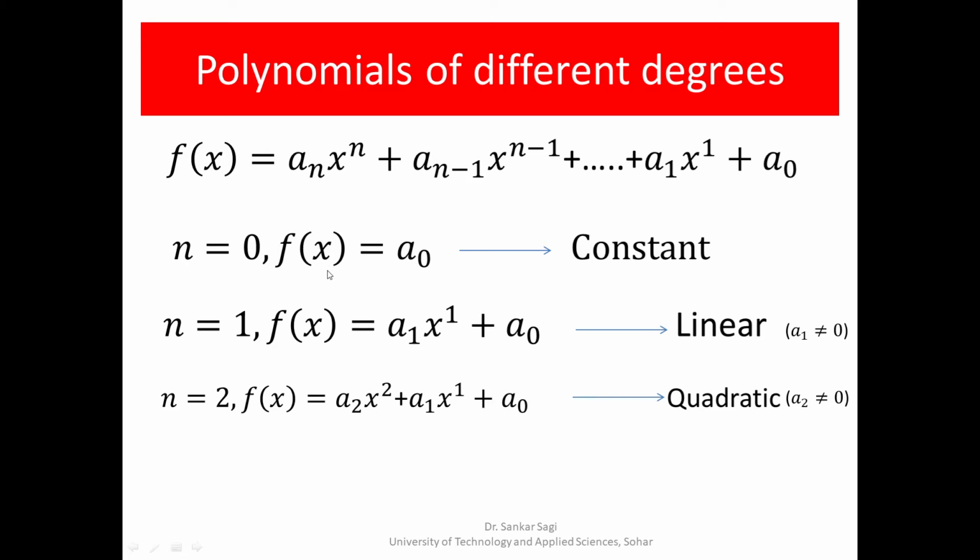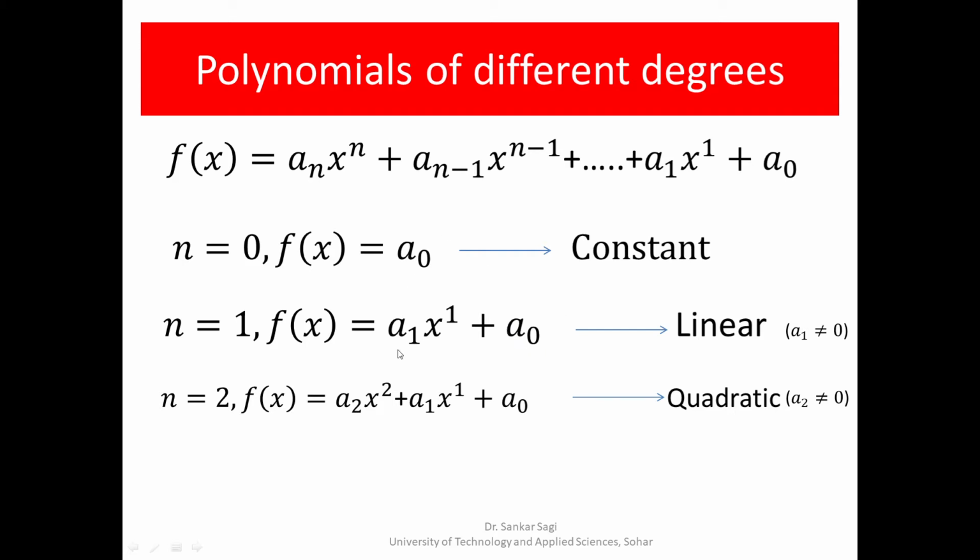So the image of any x is simply a constant. The next one, let us put n equal to 1 in this polynomial. If we put n equal to 1, you will get a_1 x^1 + a_0. That means whenever n equals 1, f(x) reduces to simply a_1 x^1 + a_0, where a_1 should not be 0, because if a_1 is 0, you will get simply a_0, which will be a constant again.